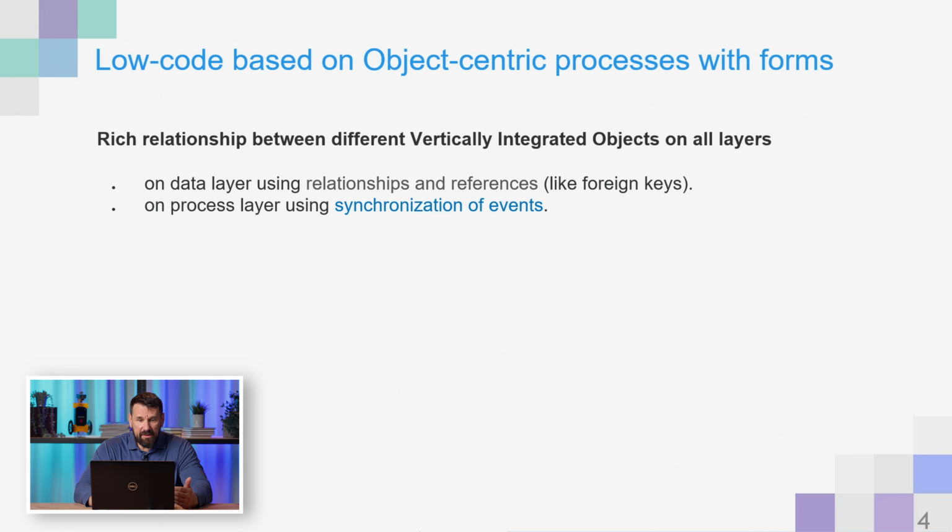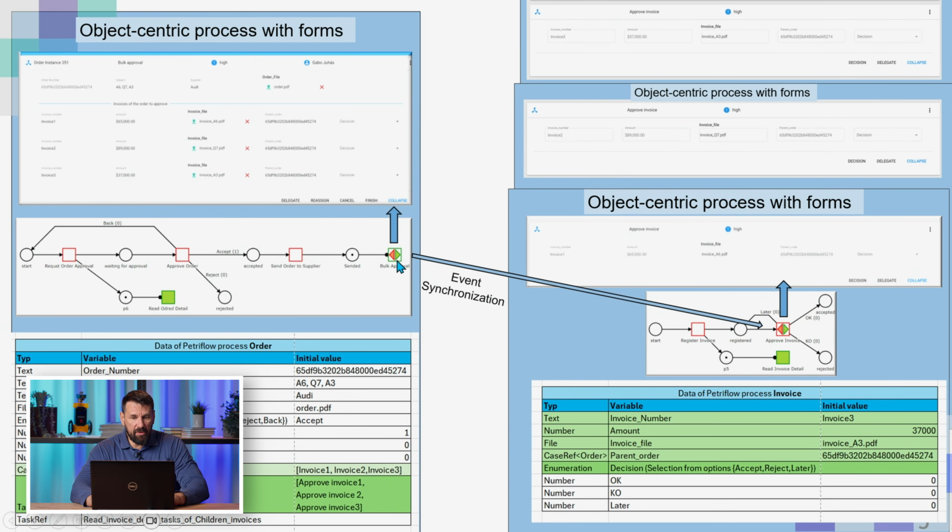The second kind of relationship, as we said, is on synchronizing of events. For example, here we could have an event in a workflow, in a life cycle, to finish a task, and this finish of a task would finish a task in another process, with objects related through data variables.